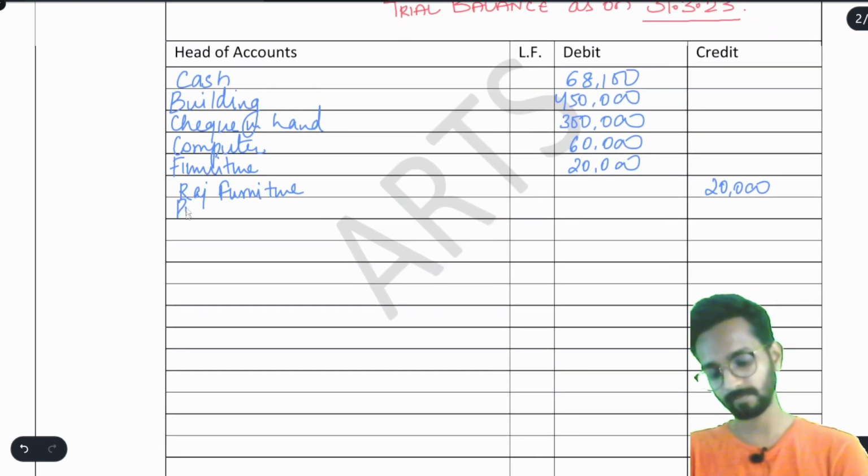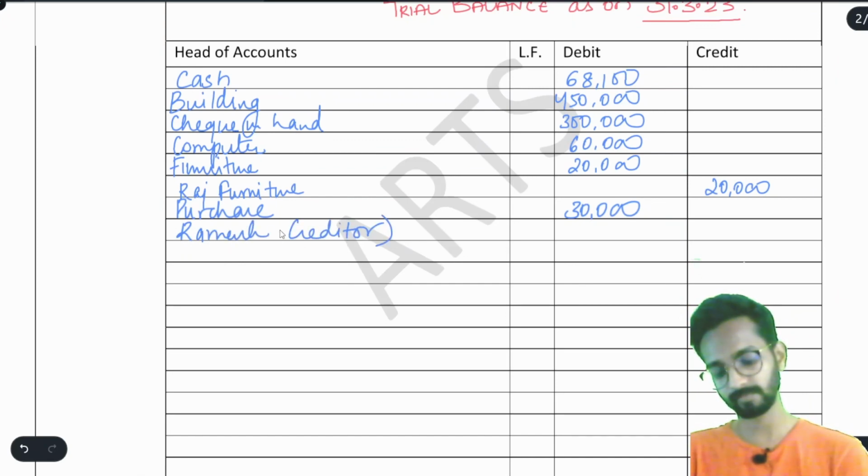Purchase 30,000. Then Ramesh, who is our creditor, we will write 9,000. Creditor, so on the credit side only the amount will come.